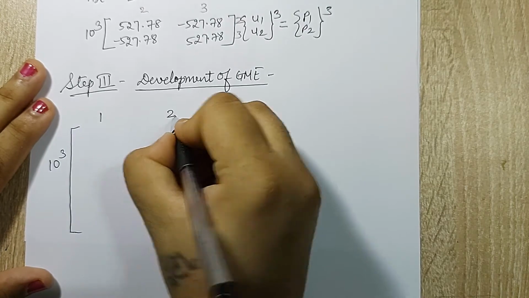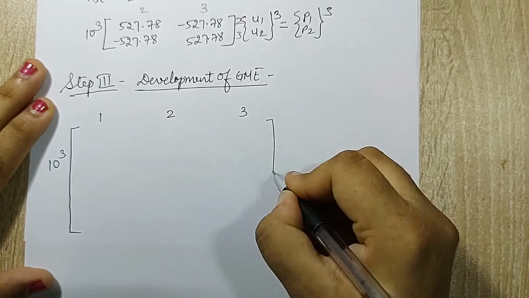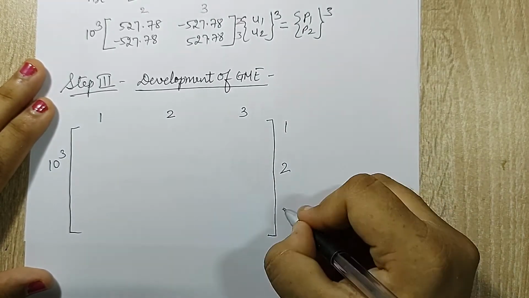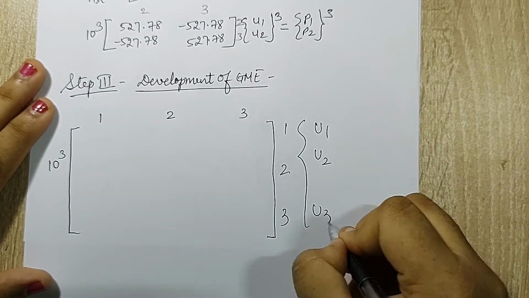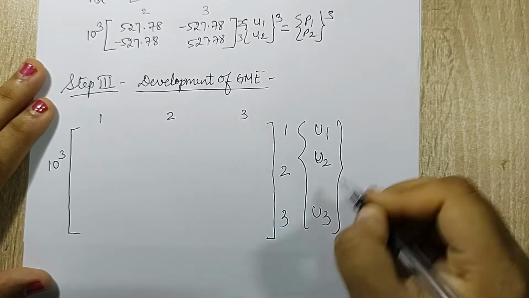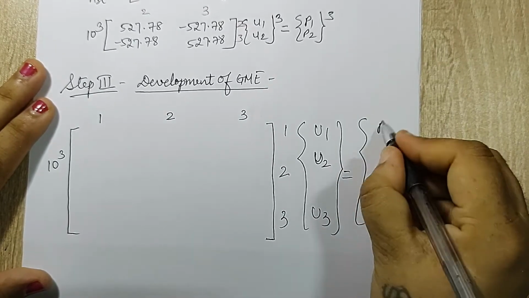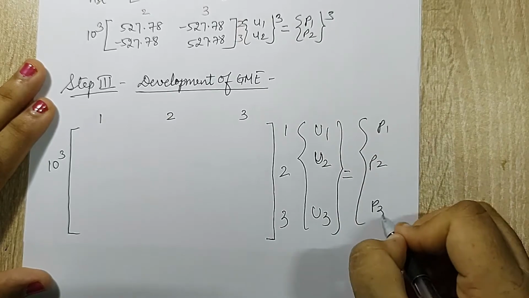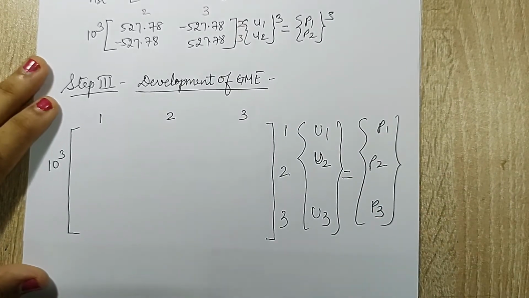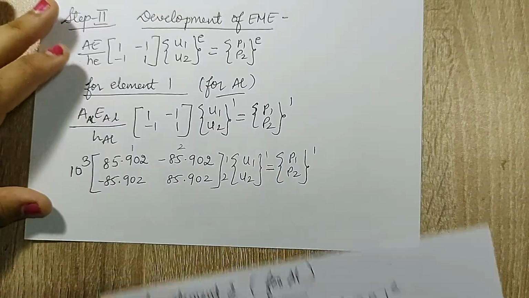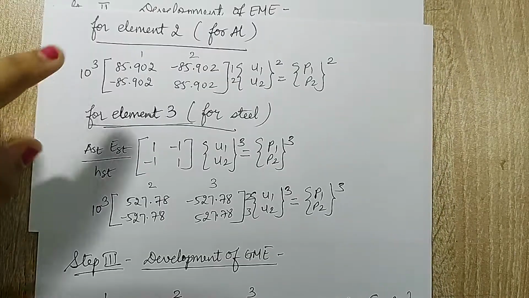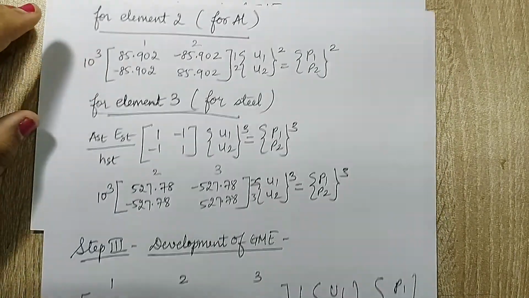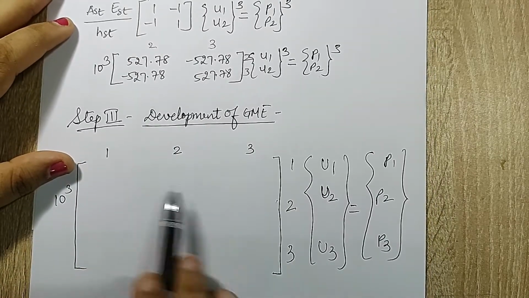I have 1, 2, 3 as the 3 nodes, U1, U2, U3 is equal to P1, P2, P3. Now for element 1, the value was 85.902, and it was between node 1 and 2. And for element 2, the value is the same, between node 1 and 2. I'll be writing them both together between 1 and 2.